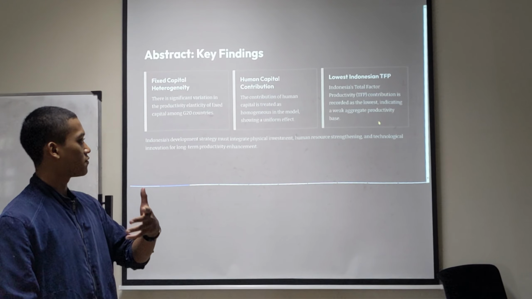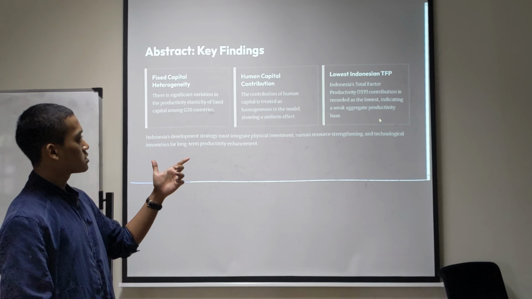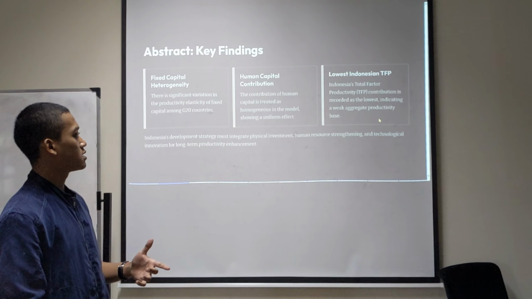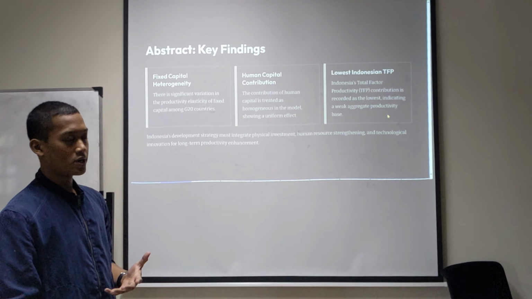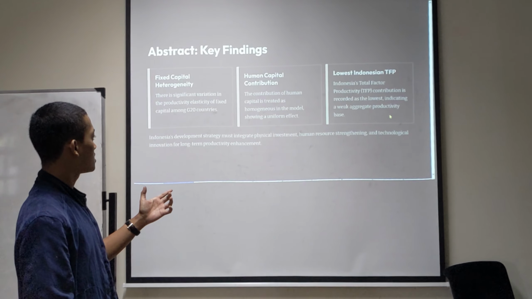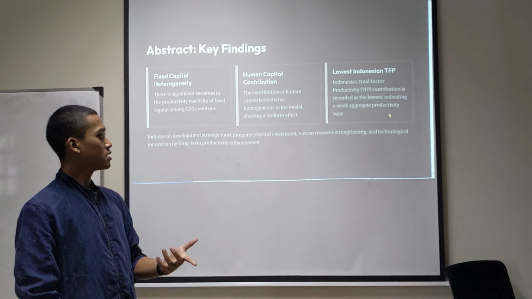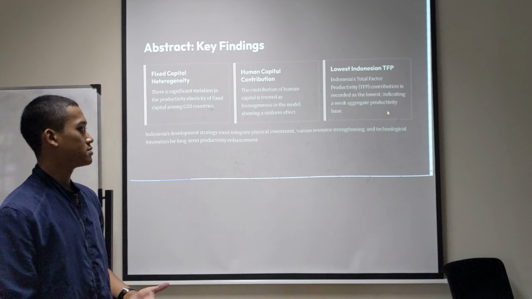The estimated coefficient of Indonesia's intercept is recorded as the lowest, indicating a weak aggregate productivity baseline. So, at a glance, Indonesia's development strategy must integrate physical investment, human resource strengthening, and technological innovation for long-term productivity enhancement.